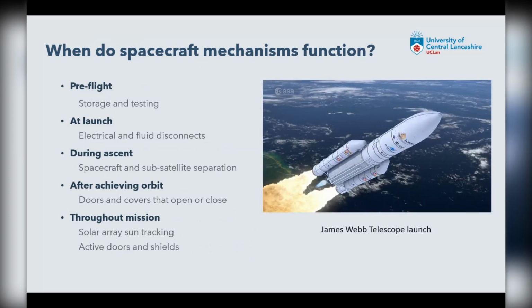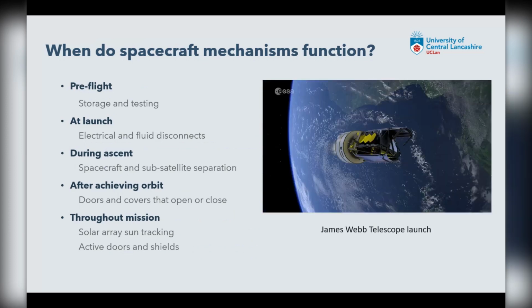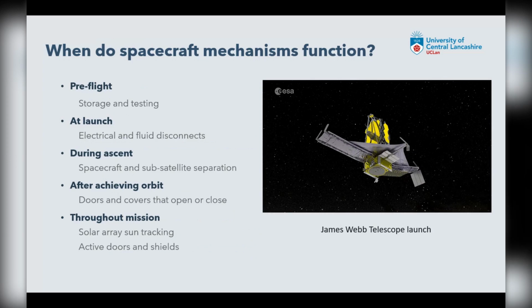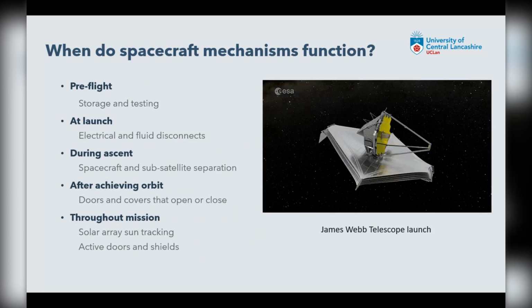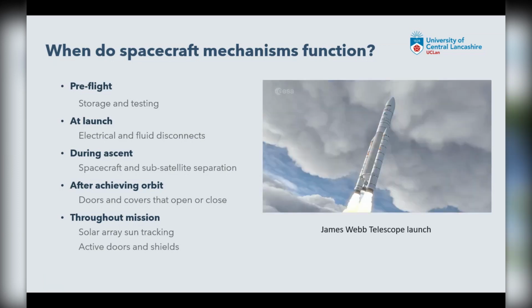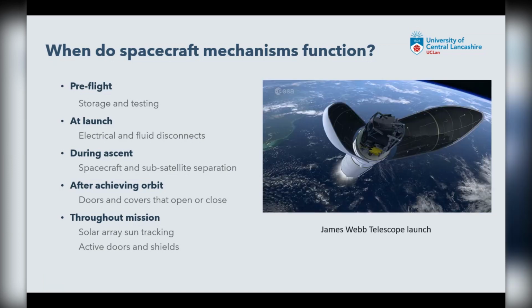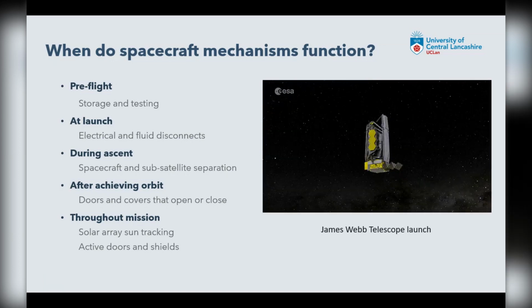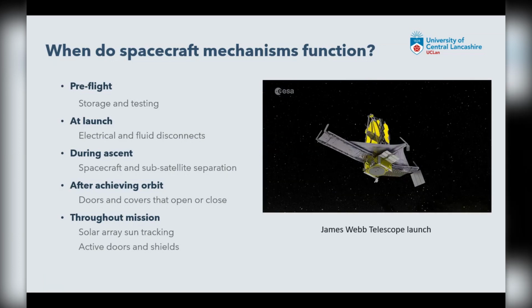So this sun shield should be deployed correctly. Otherwise, the James Webb telescope cannot focus on a particular part of space because of the radiation of the sun. So imagine launching this system and the sun shielding mechanism refused to open. The entire mission is going to fail.